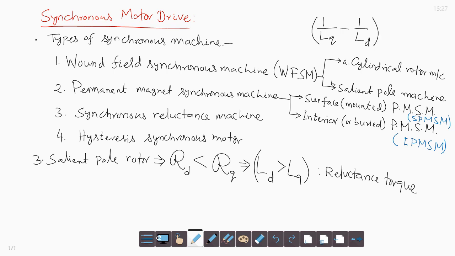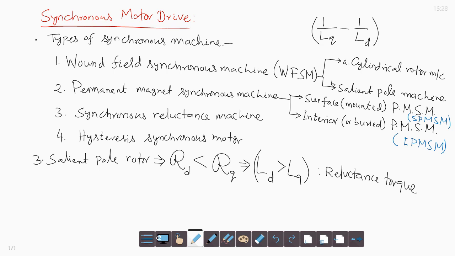Because in salient pole rotor LD and LQ are different, this second term is the reluctance torque, and in synchronous reluctance machine only that second term is present, because reluctance is different along D and Q axis, inductances are different. So, that reluctance torque is there and it is the only torque in the synchronous reluctance machine.